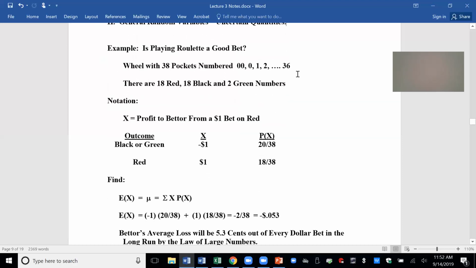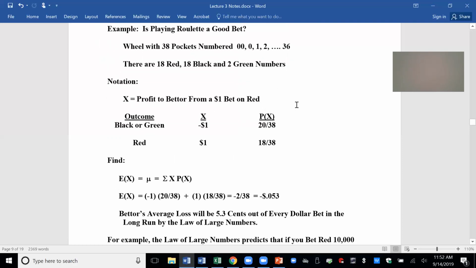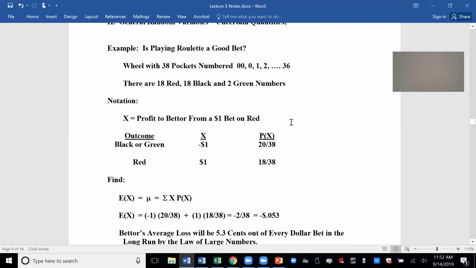So as always, we start each topic with an example. Let's look at the example of playing roulette. Let's suppose we take a hard-earned dollar and we plunk it down on red. I want to know, what's my profit going to be from that $1 bet on red?